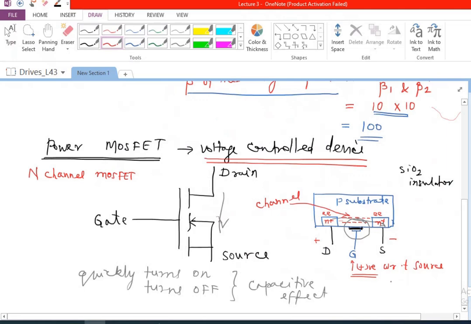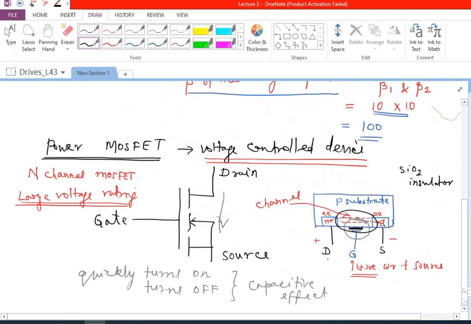Only one problem normally we see, especially in power MOSFET, if we are talking about large voltage rating, is between the drain and source. If it has to withstand a very large voltage before being turned on, the distance has to be larger. The channel, that means, becomes larger even during conduction. This is the length of the channel that becomes really large during conduction.